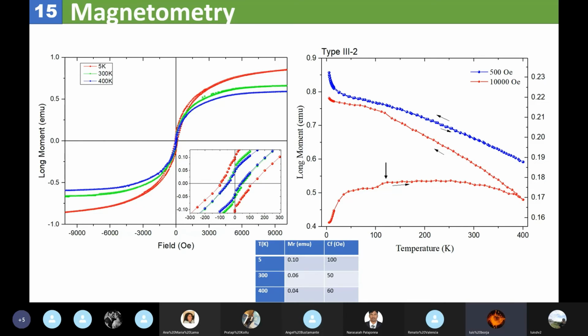This indicates a change in the behavior at this temperature of 114 kelvins in this curve. That also relates to the magnetization process. So this is due to the Verwey transition.